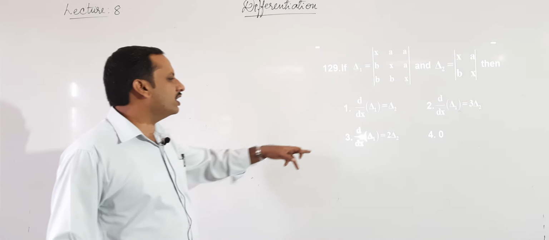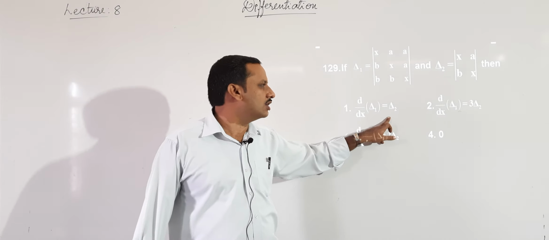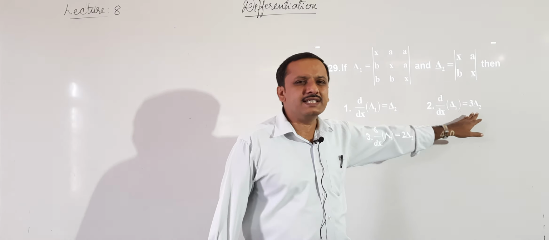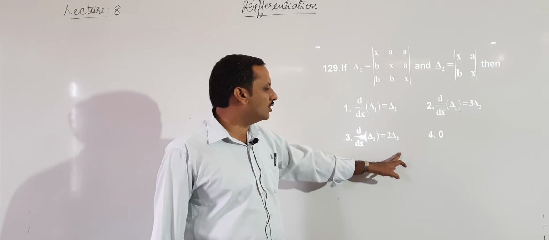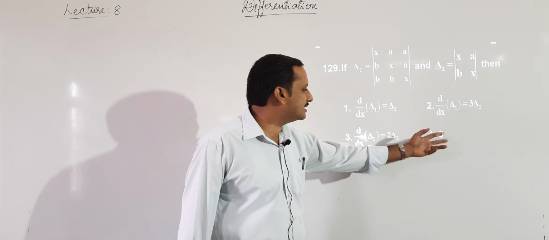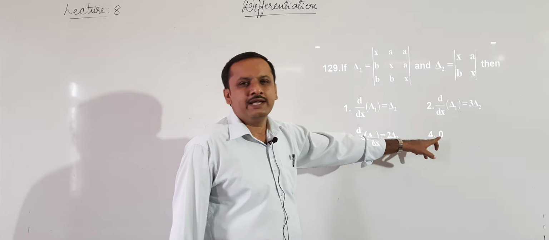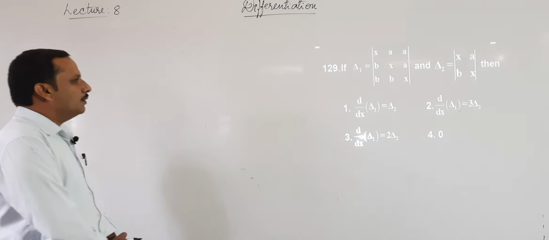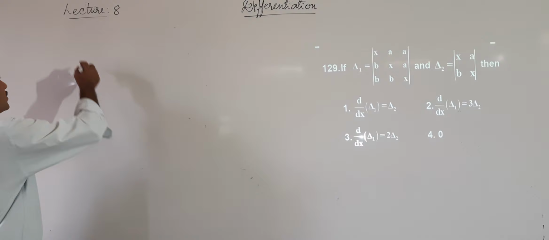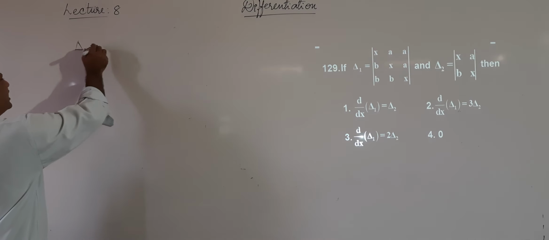That is, derivative of delta 1 is it equal to delta 2, or is it equal to 3 into delta 2, or 2 delta 2, or is it 0? Okay. So, for that, let us expand both of these two determinants, delta 1 and delta 2.